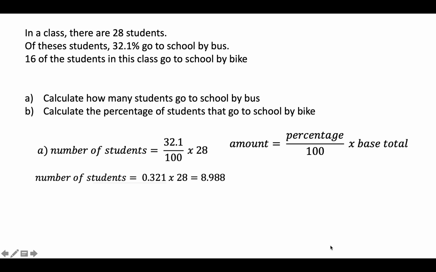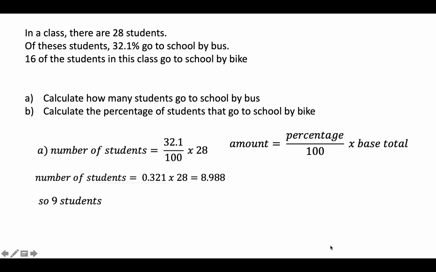Well, we're talking about students here, so we can't have decimals, and we have to round it the normal way to whole numbers. 8.988 means there are 9 students.